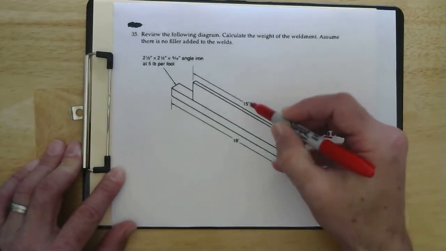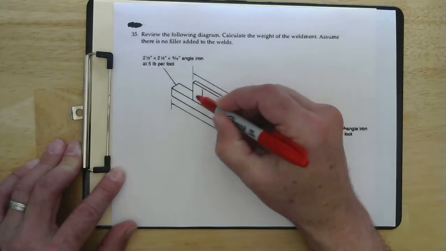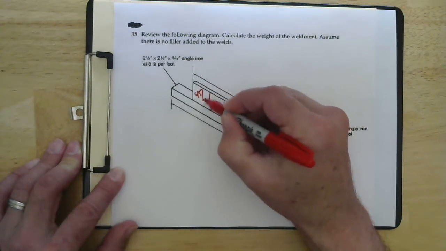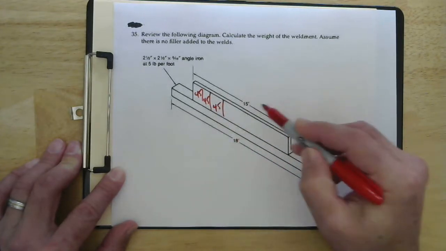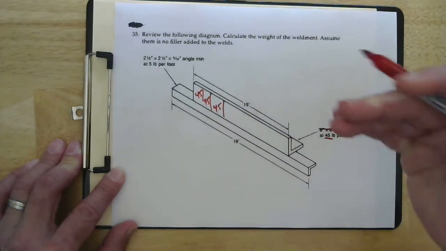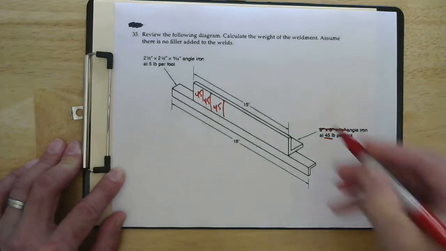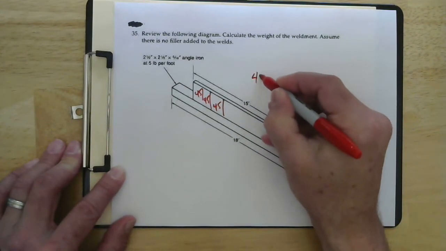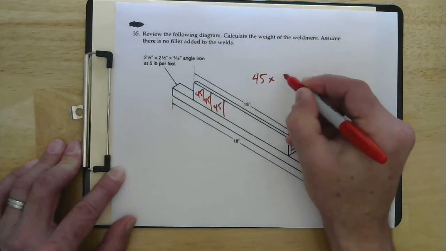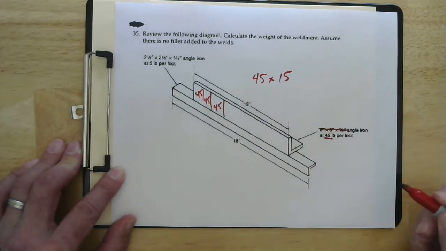So the way I think of it is, you got 15 feet. Here I've got 45, 45. Each foot is 45 pounds, and I have 15 of those. So that's 45 repeated over and over again, and I know how many times I'm repeating it. So it's 45 times 15 to get that one.